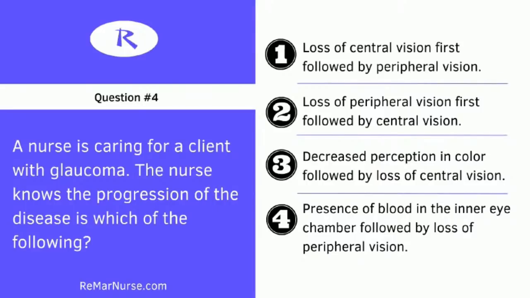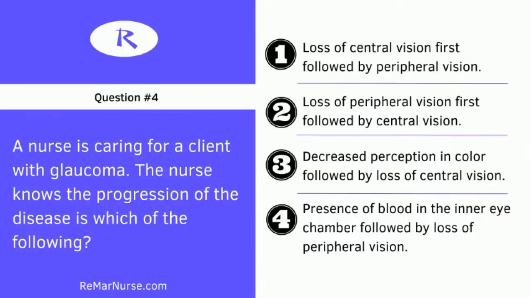Or 4, presence of blood in the inner eye chamber, followed by loss of peripheral vision. So lots of things going on here, and they may be confusing, but glaucoma is pretty straightforward in terms of what is happening.